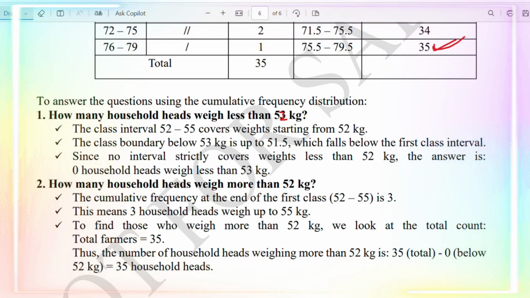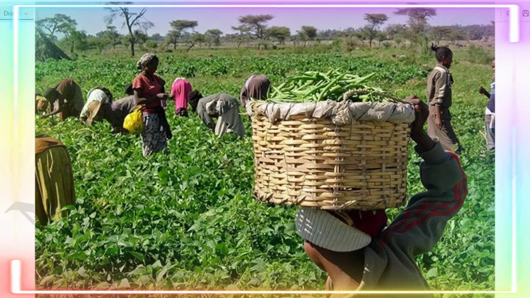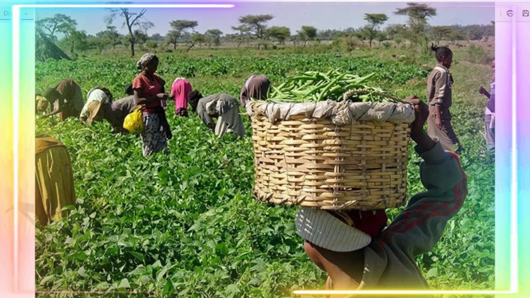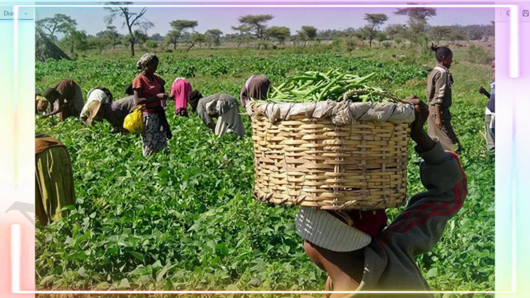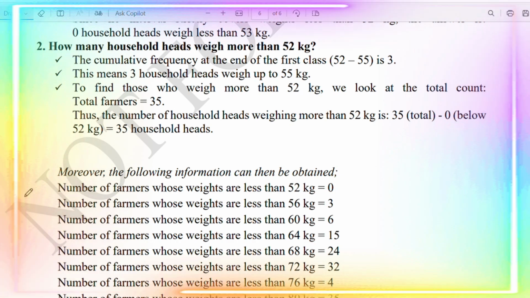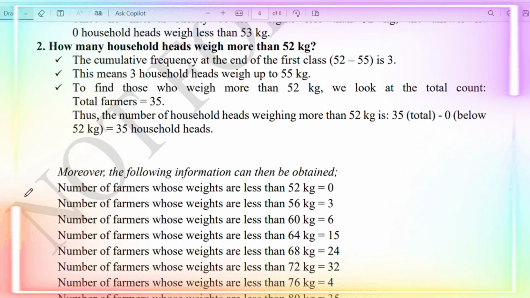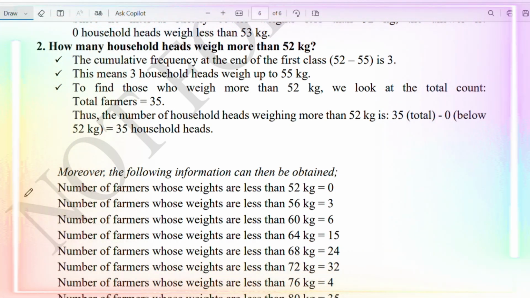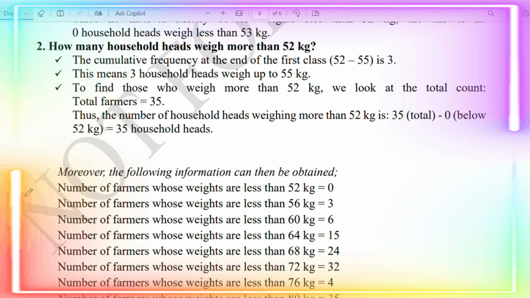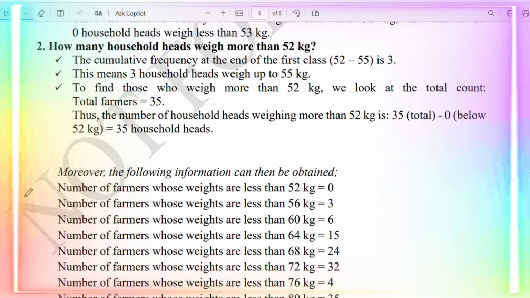There are many other questions that could be answered using this table. We have some questions and answers listed here, that is, the number of farmers whose weights are less than 52 kg is 0. That is, no farmer has weight less than 52 kg.